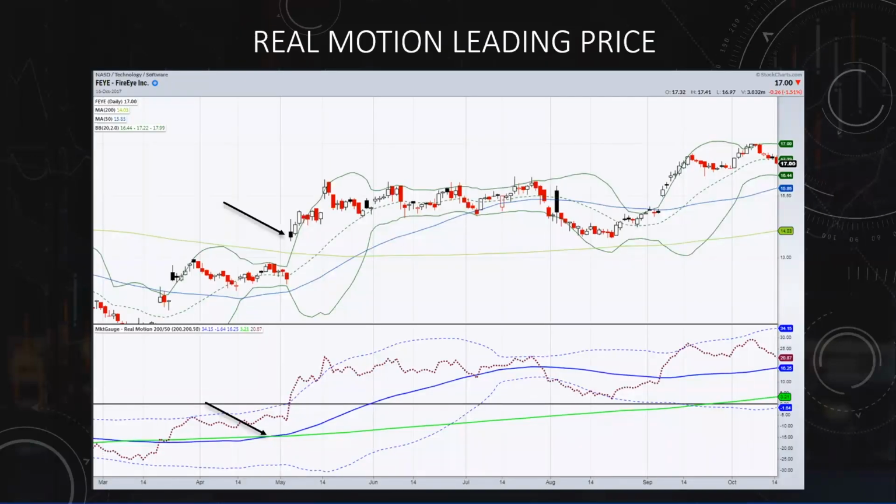So here's a perfect situation where the real motion indicator down here, you can see was breaking out the 50 over the 200-day, and the actual real motion indicator, right, the last price for each day is above both of those moving averages.